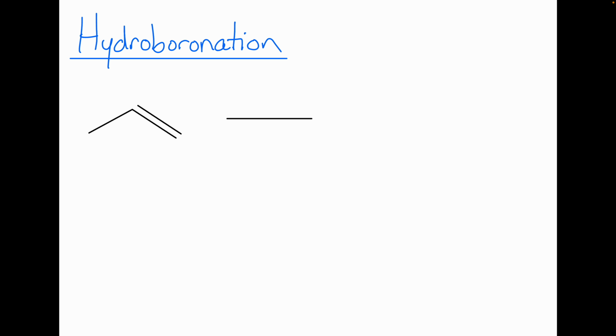All right, before we even look at our list, our ugly list of reagents here, I'm telling you this is an anti-Markovnikov hydration reaction. So tell me what the product should be here. Hydration, we're going to get an alcohol product.